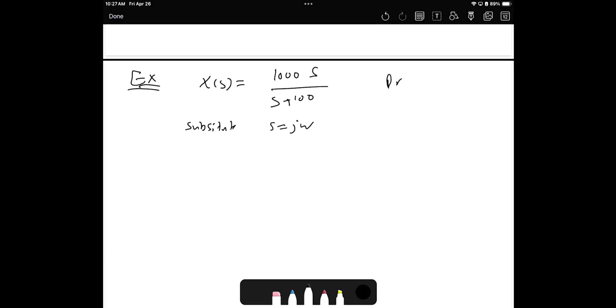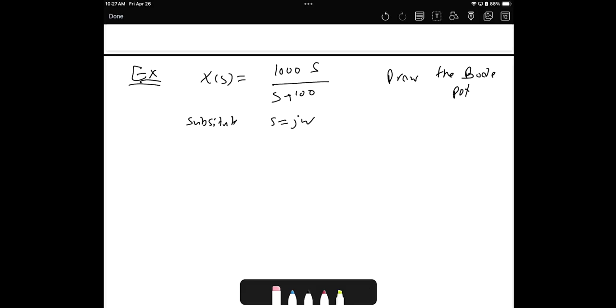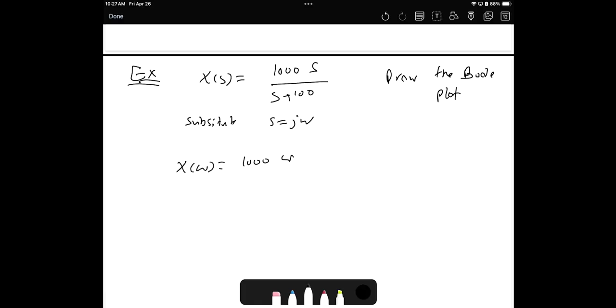So we're going to draw the Bode plots. And when we mean draw the Bode plots, we mean both magnitude and angle. Okay. Now, how can we do it? So basically, X of omega will be 1000 j omega divided by j omega plus 100.